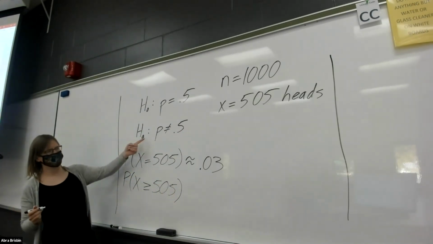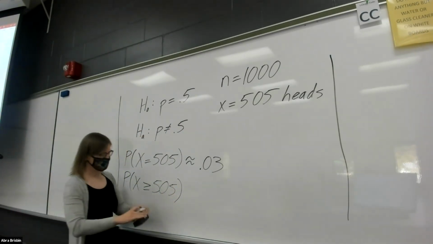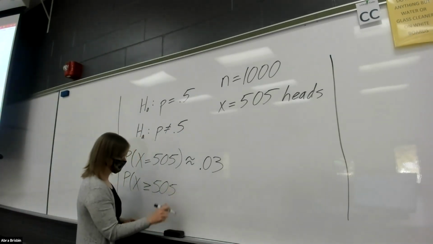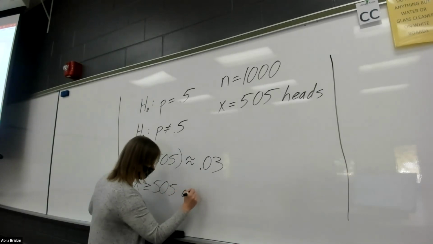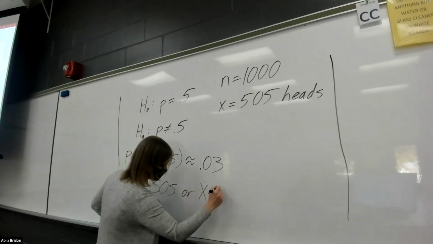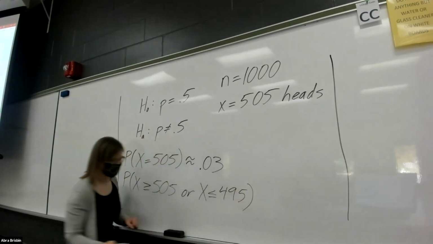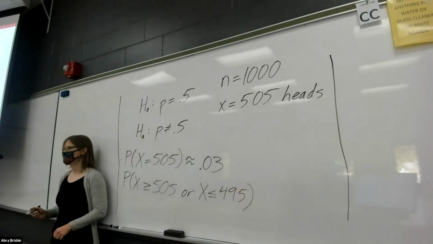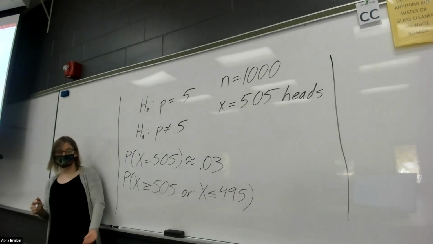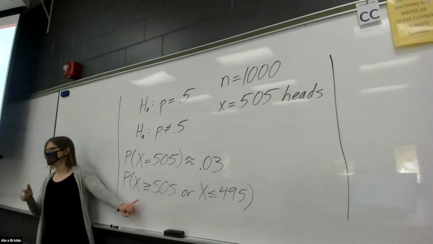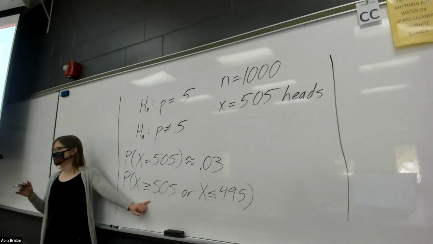Actually, technically, for a two-sided alternative hypothesis, we'd use greater than or equal to 505 or less than or equal to 495. This ends up being a much bigger probability, like 0.63, somewhere around there.